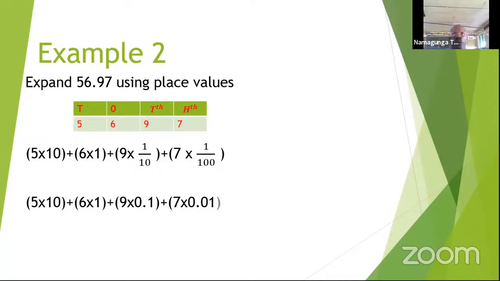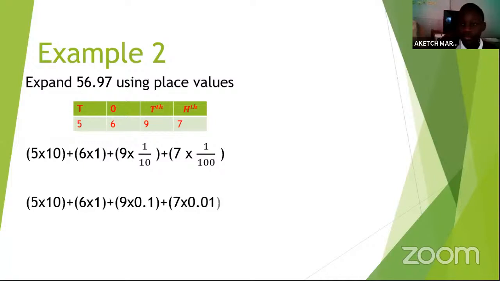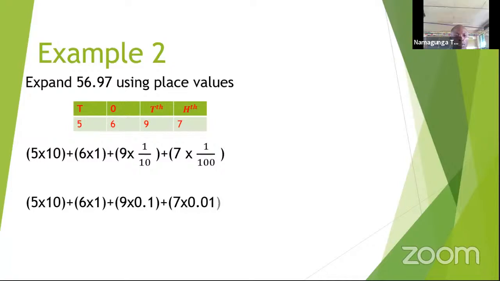Yes, read the second example. Expand 56.97 using place values. Before you continue, that is not 97. After the decimal point, let's pronounce the digits. We shall learn how to write them in words without using point. But whenever you say point, the next digits we say are 97.